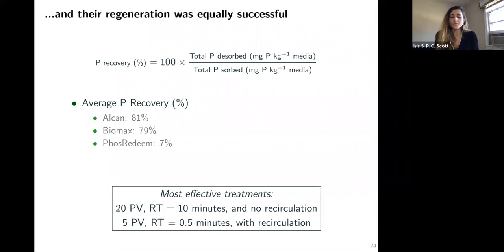And this is important because 5 pore volumes is a much more feasible volume to work with in phosphorus removal structures. You saw the size of those structures. We normally use around 40 tons of the PSM. So it's a much more field-feasible regeneration treatment.